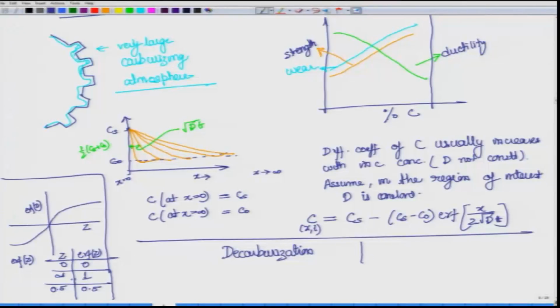So, if this is the average concentration, then near the surface the concentration would decrease, and with time it will become even smaller. So, this is decarburization, and you can also show that the relation for this in terms of x and t would be like this.